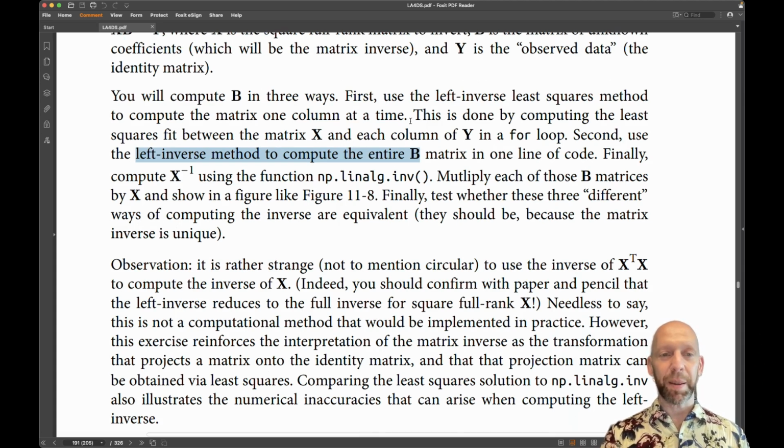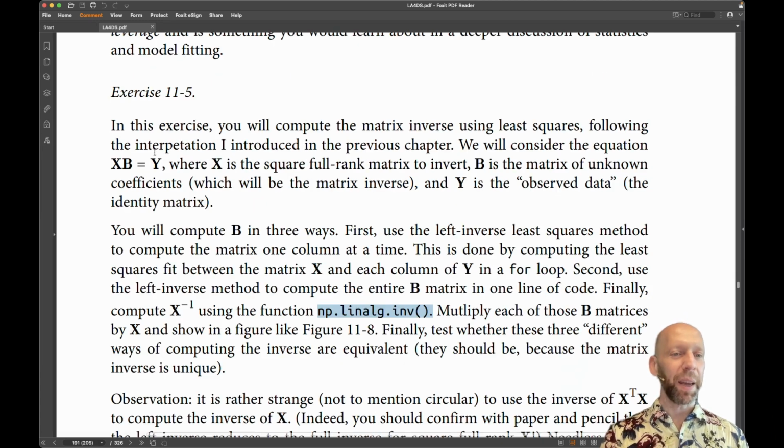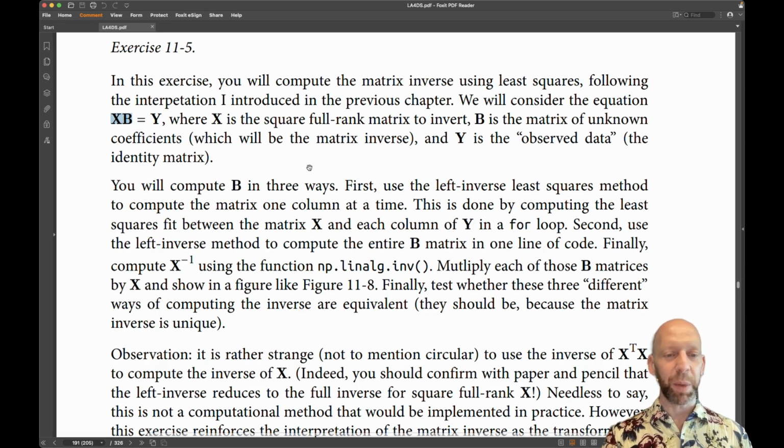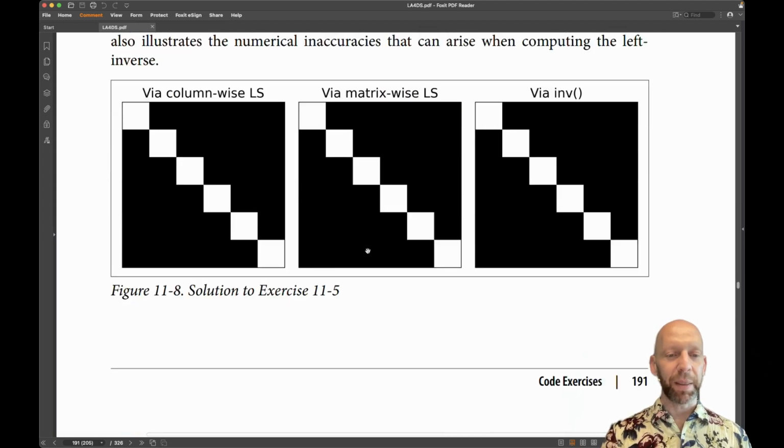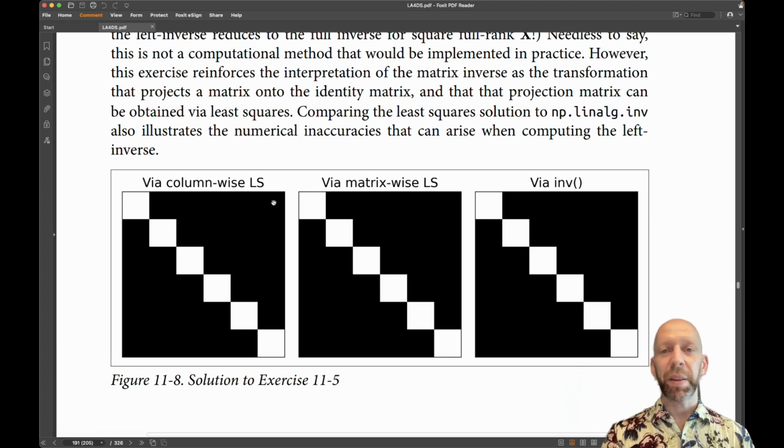And third, compute the explicit inverse using numpy.linalg.inv. Then you multiply X times B for those 3 different methods of computing B, and visualize them. You should see that they are all the identity matrix. Then you can compare these 3 different solutions to see if they are similar to each other.